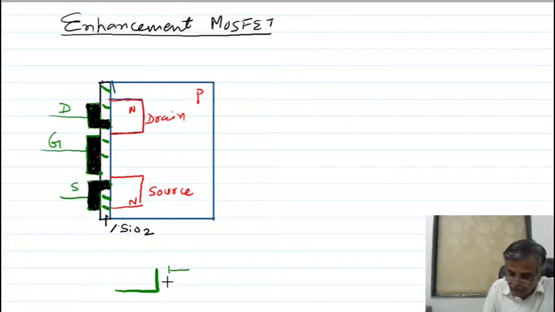A broken line is shown between drain and source. Can you see here? A broken line is shown.